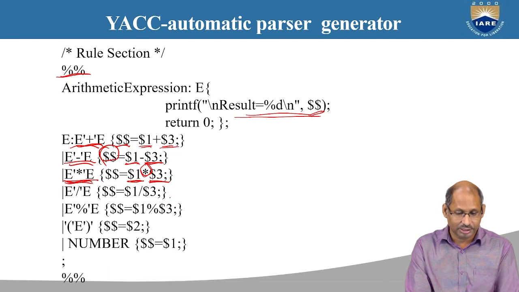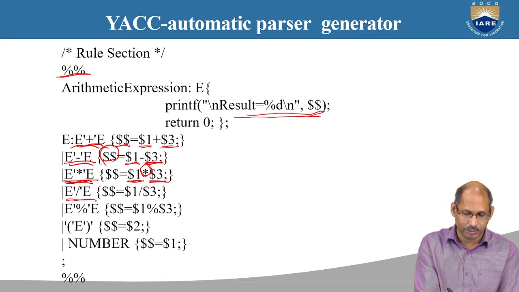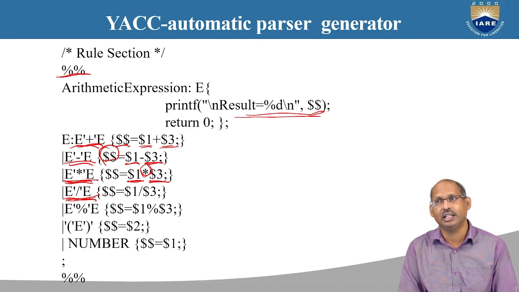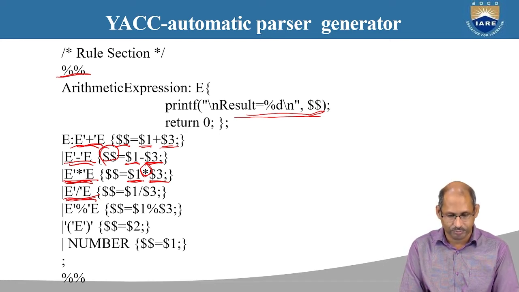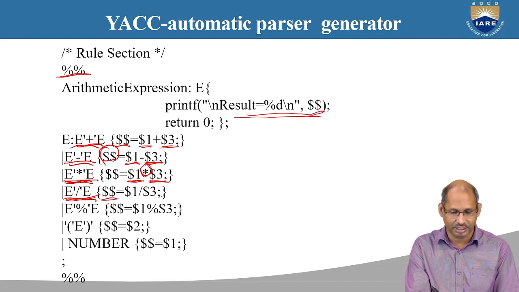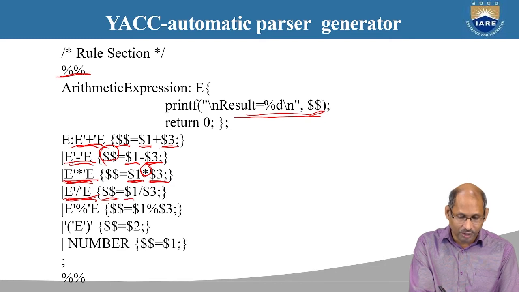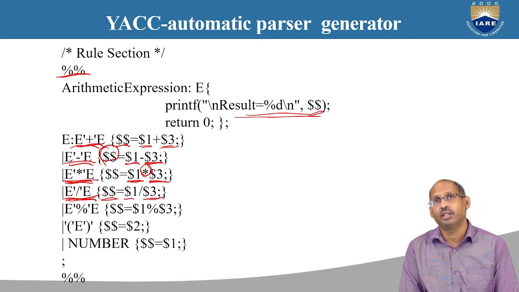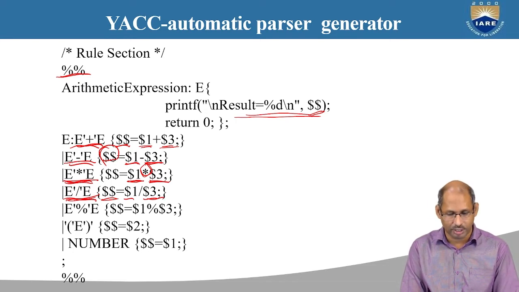The next one is the division operator. The division operator gives a resultant value of the first value divided by the third value.